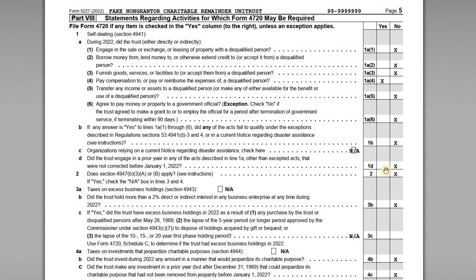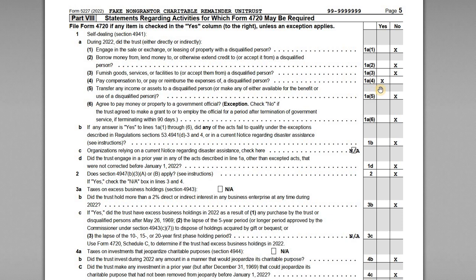In most cases, if the CRUTs are doing everything by the book, the only time they're going to have a potential issue, but then there's an exception for it, is with trustee payments. So in question 1a(4), it asks us, do we pay any compensation to or reimburse expenses of a disqualified person? Well, under these rules, the trustee, even if it's a third-party trustee, so not related to the contributor or the beneficiary, is still a disqualified person.